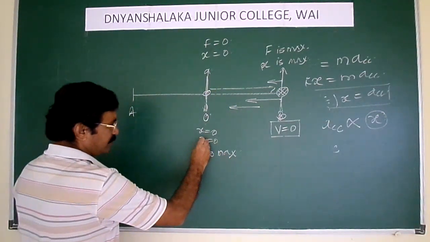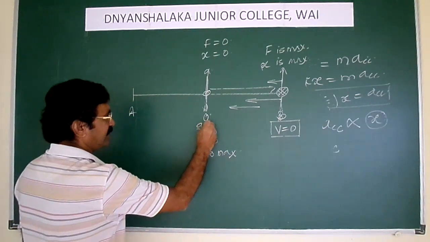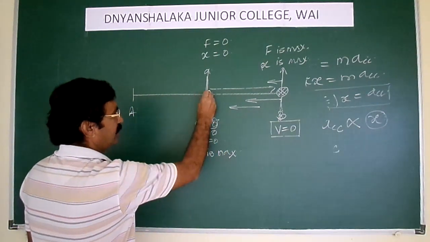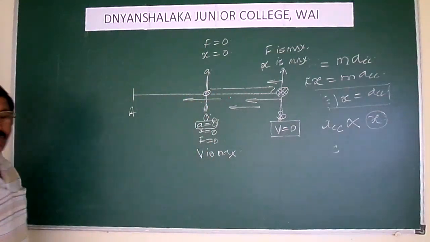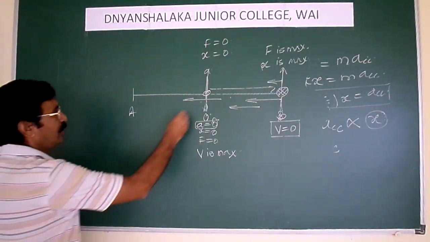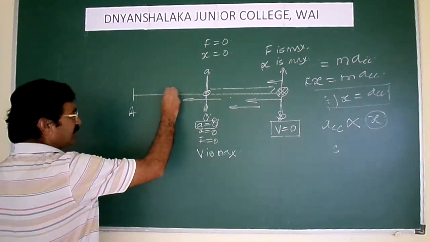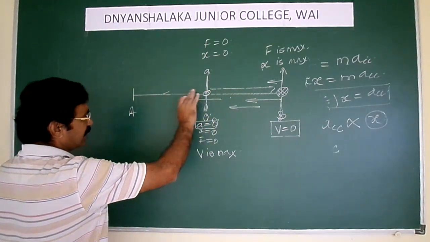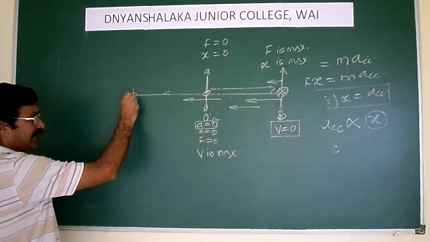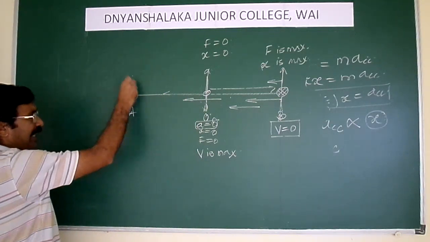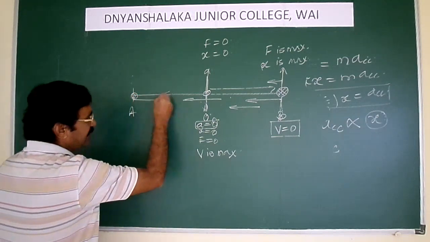As force becomes 0, x becomes 0, acceleration is also 0. Now the particle crosses the mean position, so the velocity goes on decreasing because the object starts slowing down, and the velocity will become 0 at the extremity when force and displacement are maximum, and again the process will repeat.